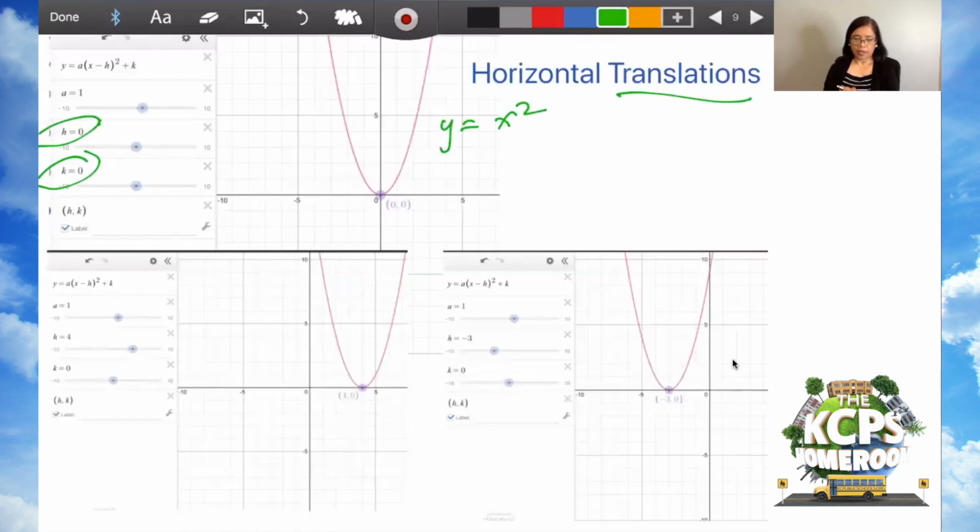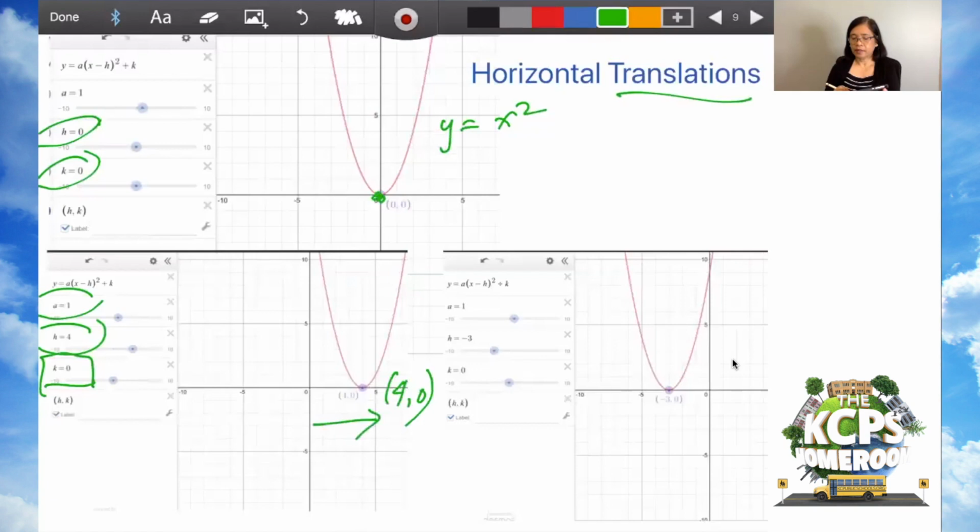Here h is 4 and k is 0. Notice that from 0, 0, our graph was moved to the right. So you now have x minus 4, and the coordinates of the vertex have moved to 4, 0.